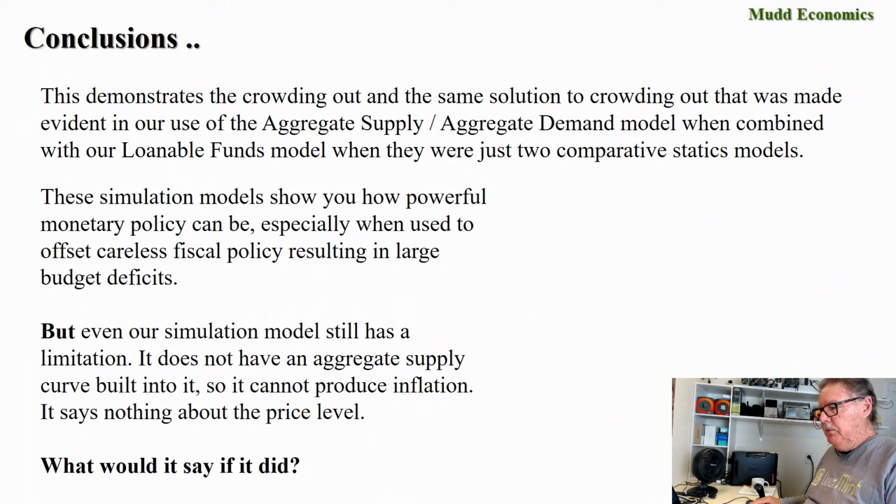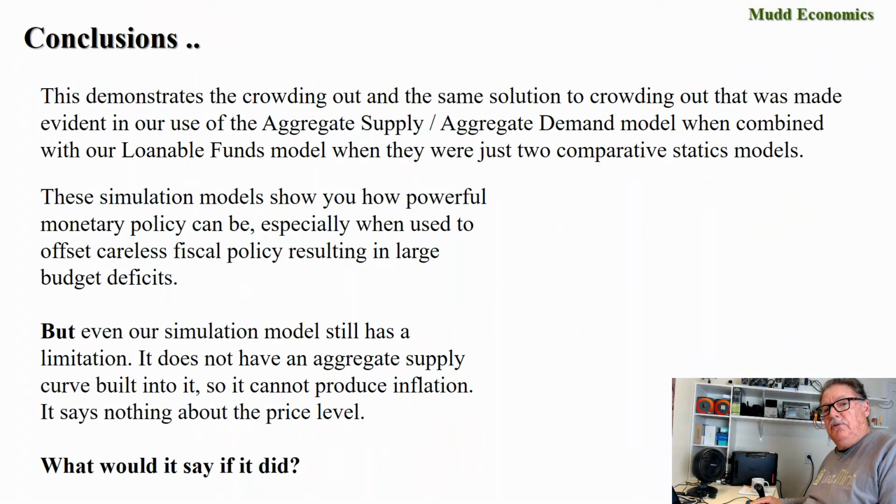And these simulation models show you how powerful monetary policy can be. It shows how monetary policy in the short run can be used to override the crowding out effects of large budget deficits, completely override it, and push interest rates to very low levels, which at the time this video was being recorded was the state of affairs in the United States.